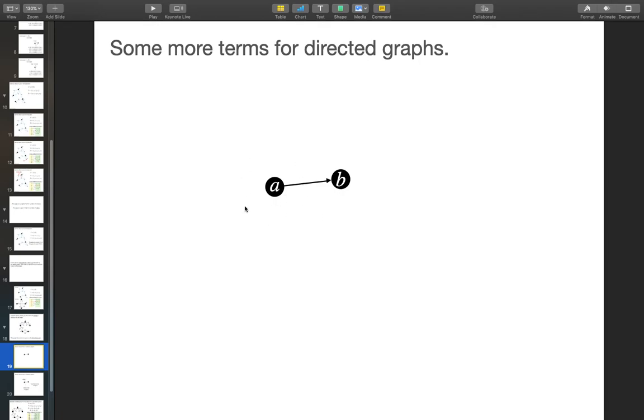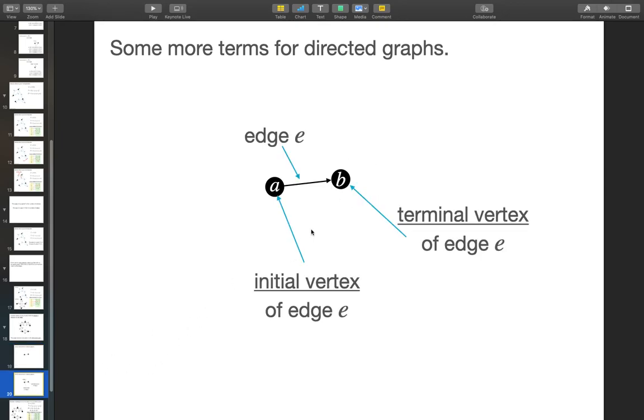No? Kasi meron siyang pinagmulan at pupuntahan. Okay? So, here, yung source nung arrow, yung pinagmulan, tatawagin natin siyang initial vertex. Tapos, yung pupuntahan ay tatawagin nating terminal vertex.